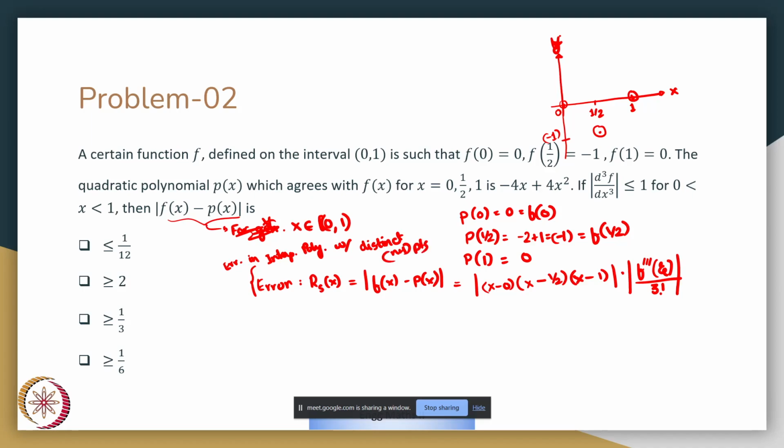With this in mind, we have to note that this epsilon belongs to the smallest continuous interval which contains all the points given, x equal to 0, x equal to half and x equal to 1, which in our case means that epsilon belongs to 0 to 1.